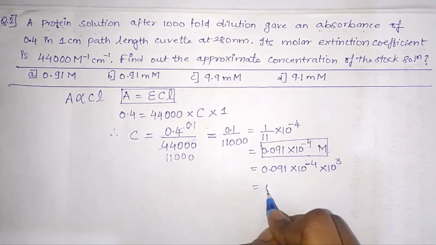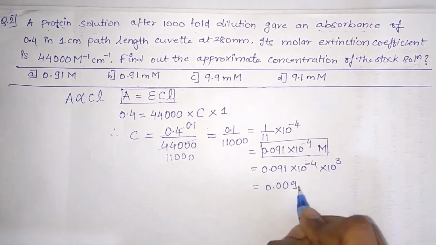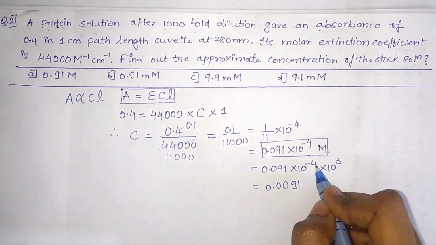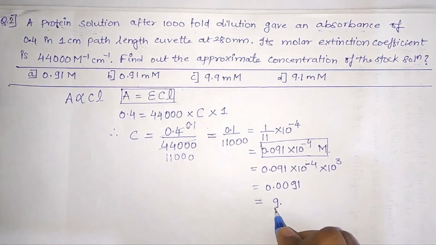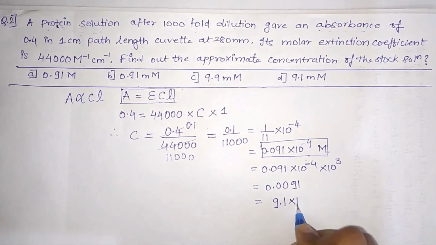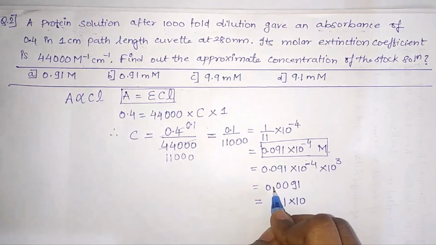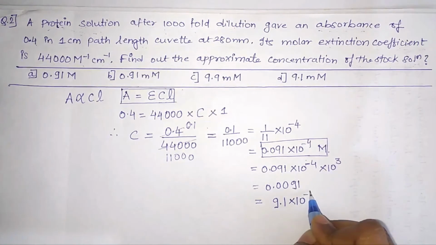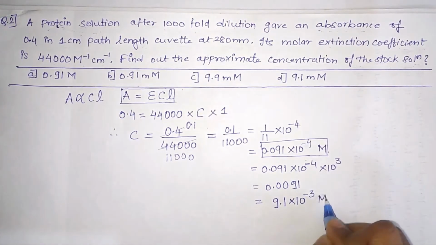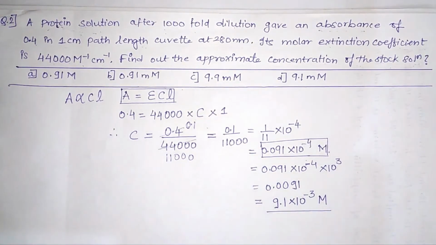So we get 0.0091 molar, that is 9.1 into 10 raised to minus 3 molar. This is the answer we get.